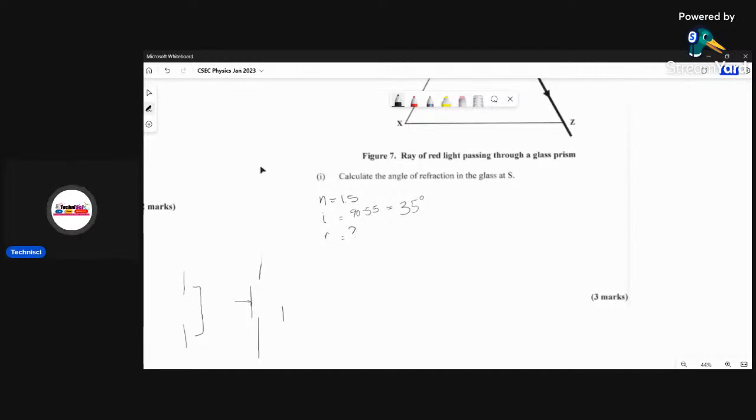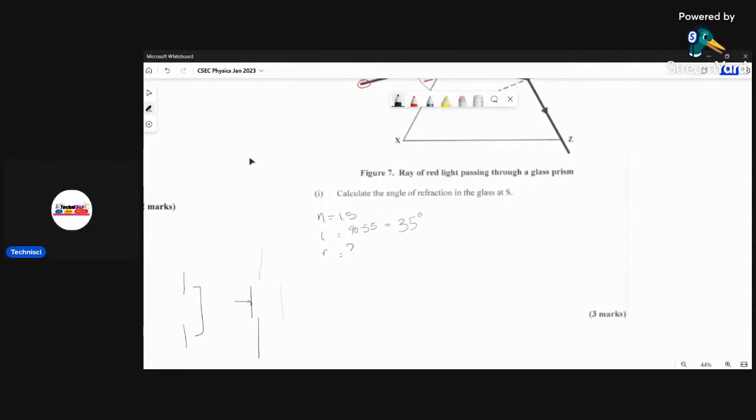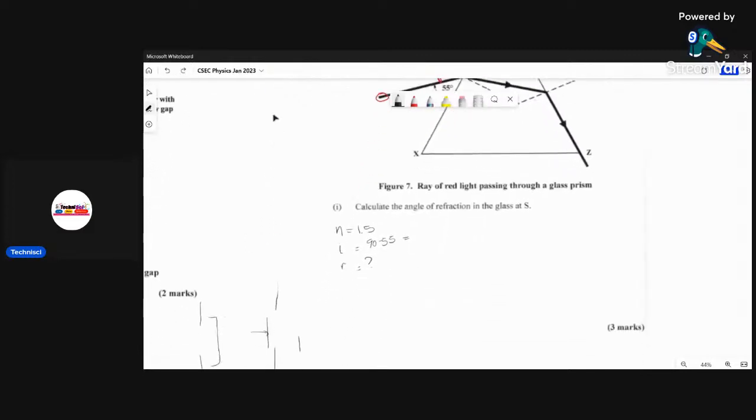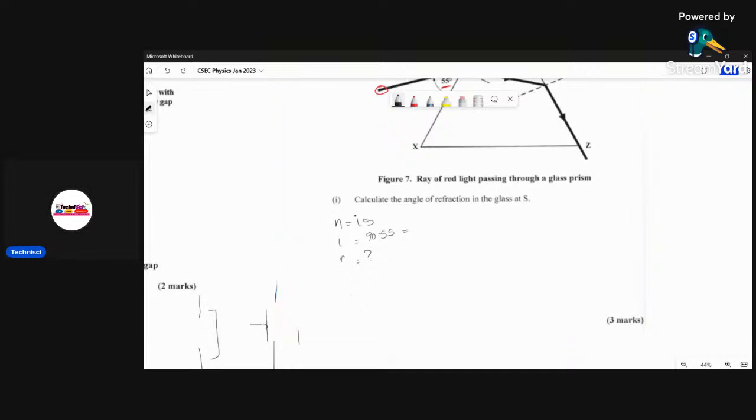It is always, no matter if it's incident or reflection or refraction, measured between the incident ray, or whichever ray, and the normal. So it's 35.